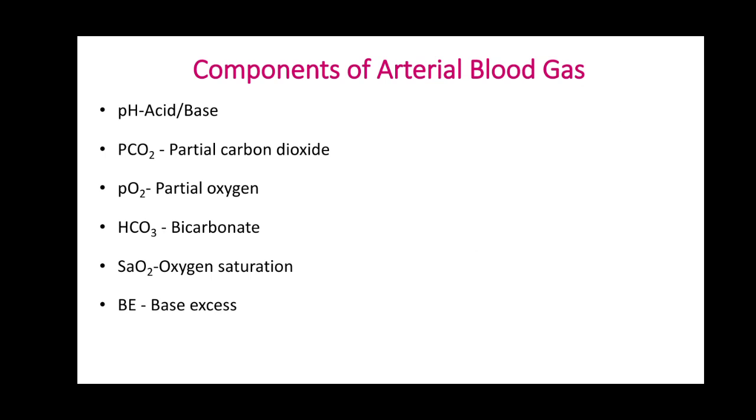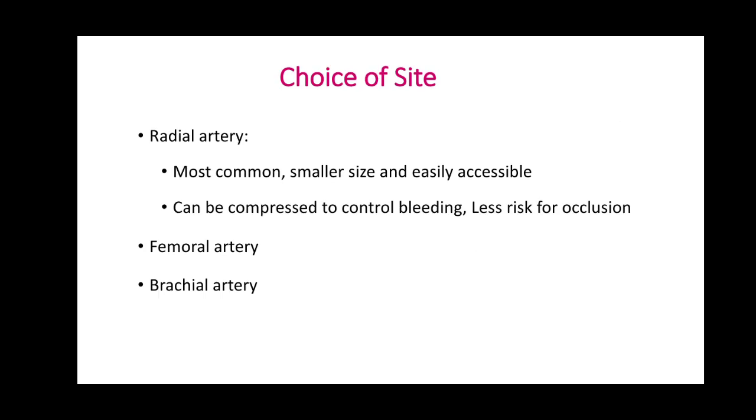So the components of arterial blood gases we can measure in an ABG analyzer will be pH, in case of acid or base, partial carbon dioxide, partial oxygen and bicarbonate level, and also saturated oxygen and base excess.